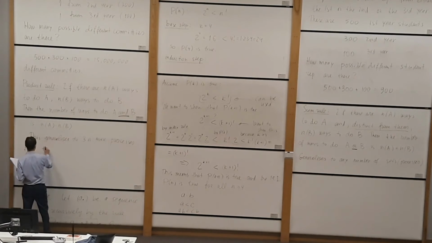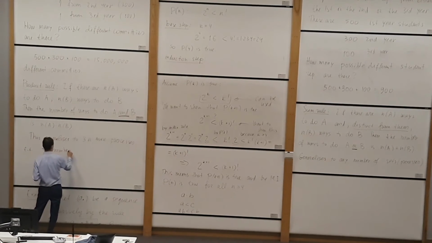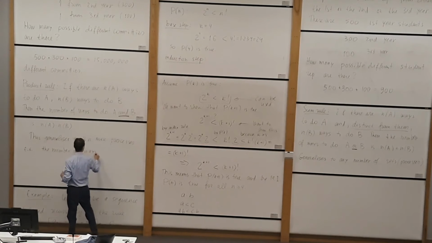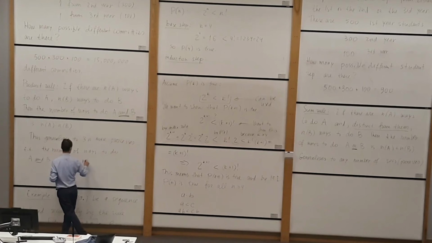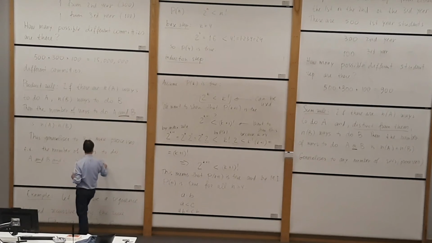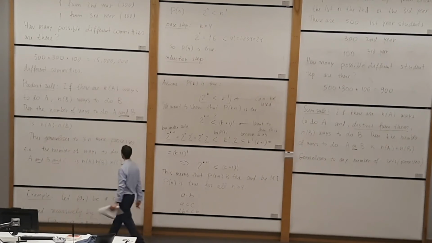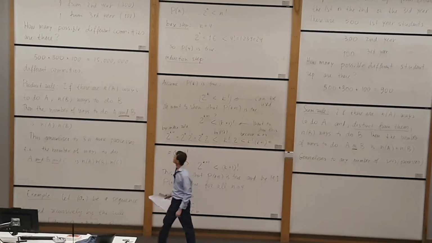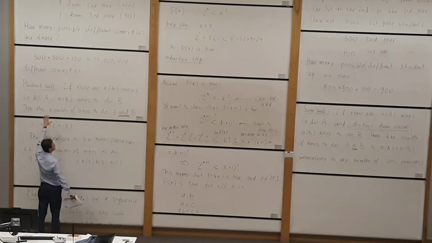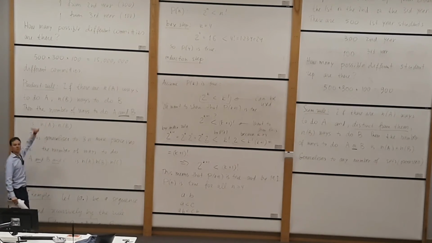The rule is that if you have to do A and B and C, the number of ways to do A and B and C is n of A times n of B times n of C. And it is, of course, assumed that each choice is independent. So having chosen a way to do A should not affect your choices to do B. So there is some assumption here.